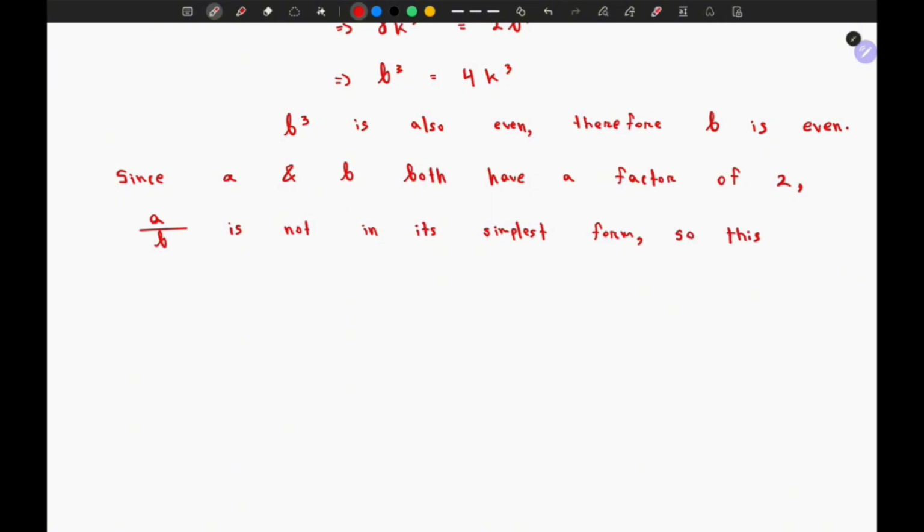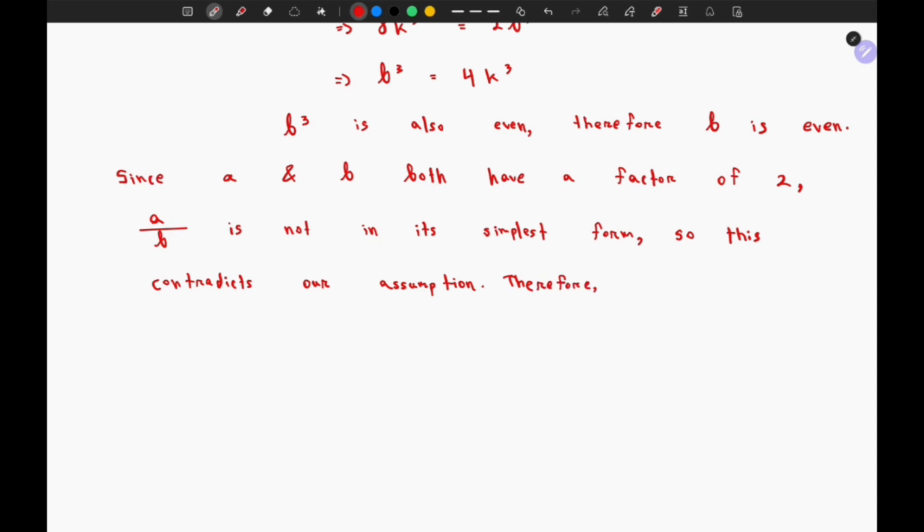So this contradicts our assumption. Therefore, cube root of 2 is irrational.